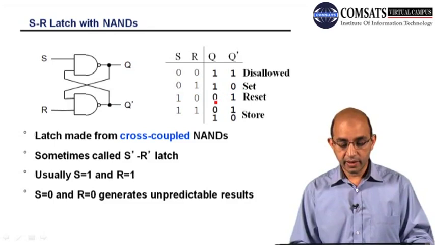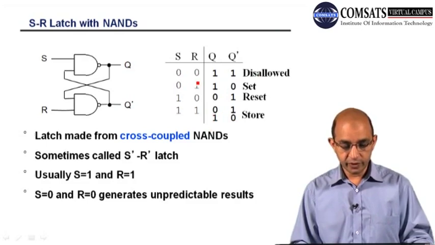Then here 1 0 is reset, so 0 1. For 1 1, we have no change here. It means the value will be stored, will not be changed or affected, so we will be getting the previous state. If we have a 0 1, it will be retained, and if we have 1 0, it will be retained also.